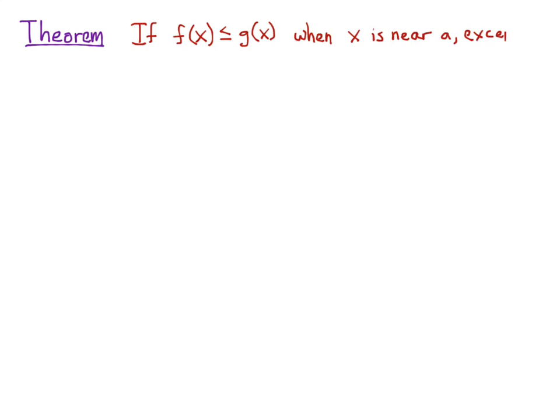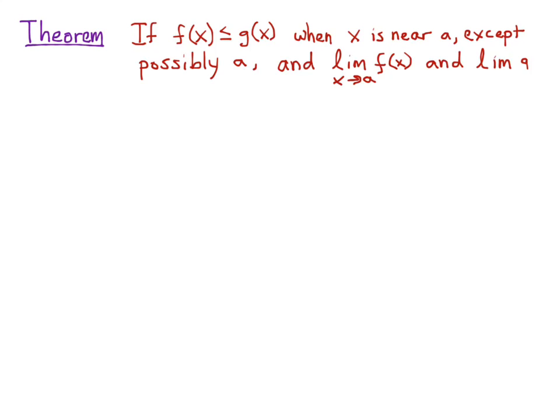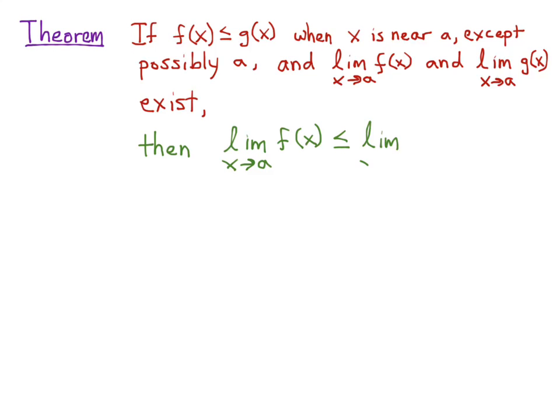Okay, so a couple theorems. If f is always less than g for x near a, except possibly at a, and the limit of both of them exists, then the limit of f is also going to be less than or equal to the limit of g.